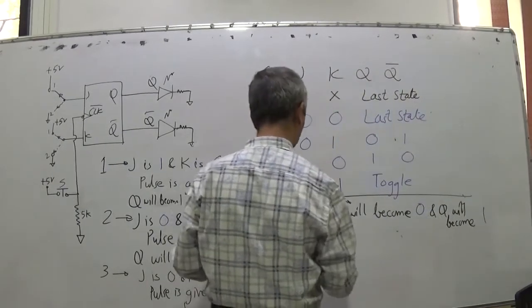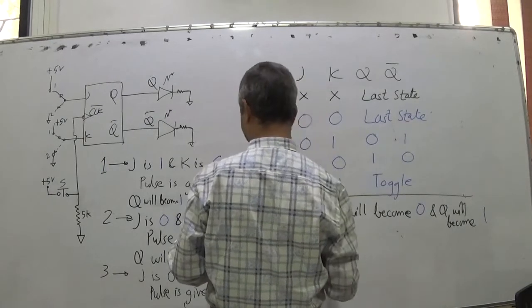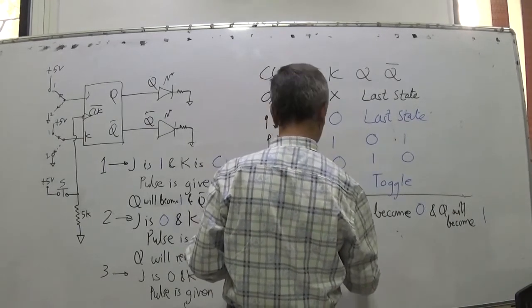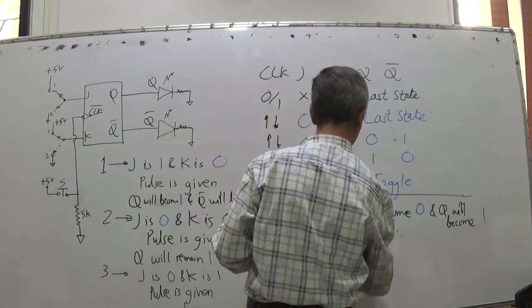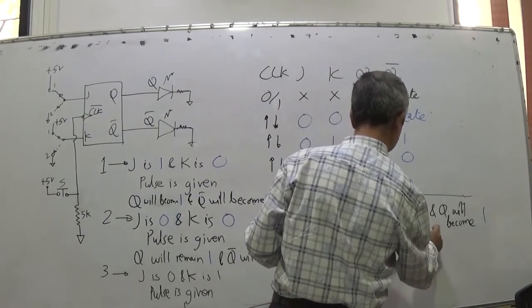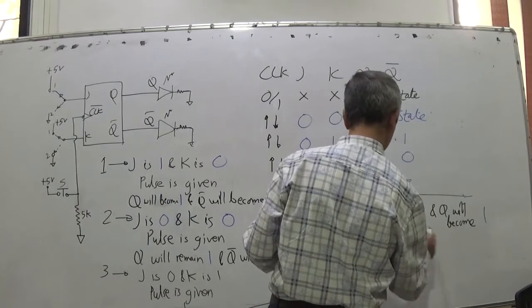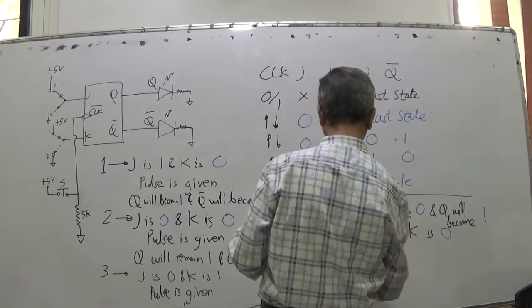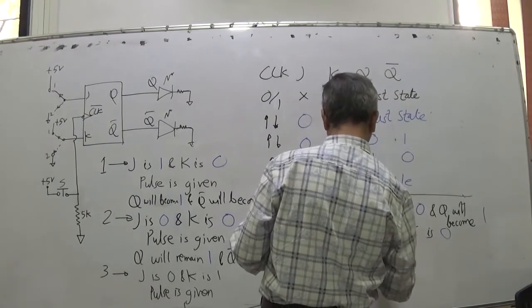Then step 4. Step 4, J and K both are 0. Pulse is given.